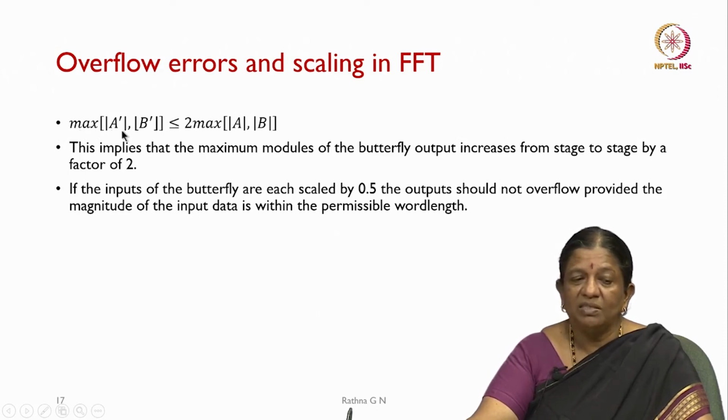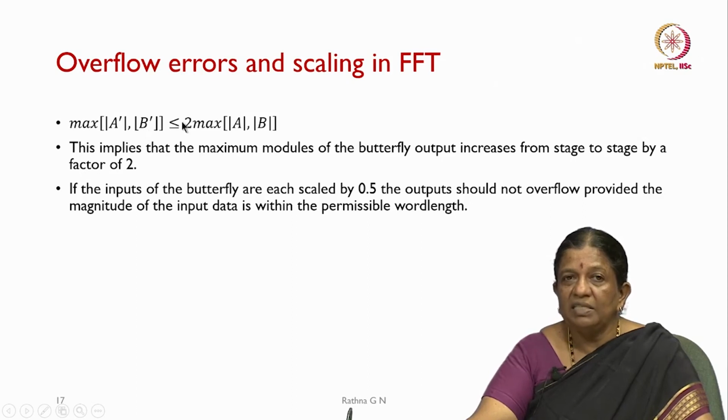Maximum, what we call it, is that you will be making a dash equal to 1 and b dash equal to 1. In that case it will be less than or equal to 2 times max of a and b. So, this implies that the maximum modulus of the butterfly output increases from stage to stage by a factor of 2.